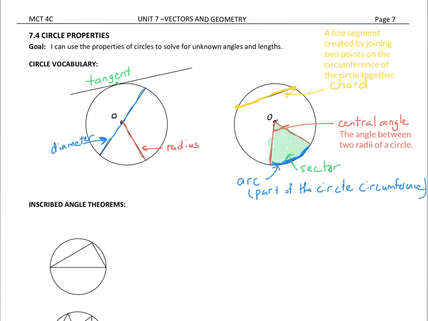And then this piece, again, I'm going to use the highlighter here. I might use a different color just so you can see. So if I have this peachy, pinkish, reddish color in here, this section is not called a sector. This one's called a segment. So this piece in here is called a segment.